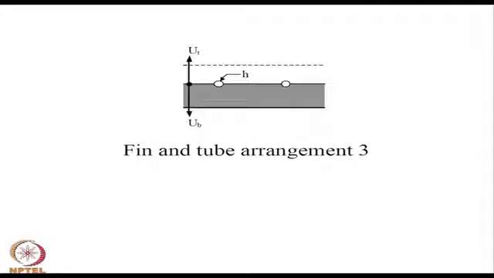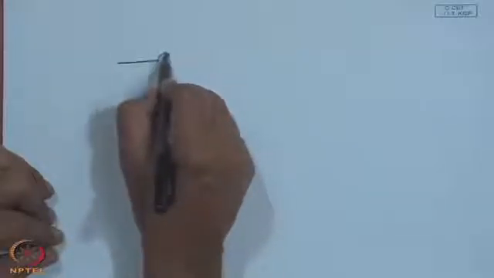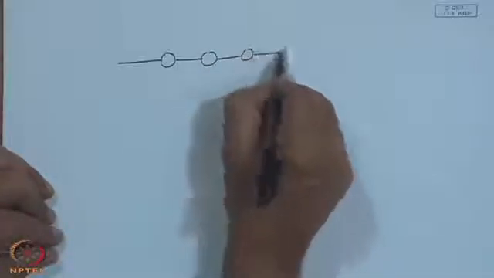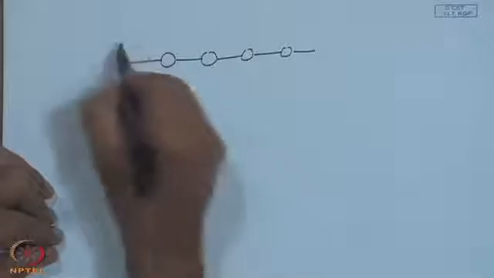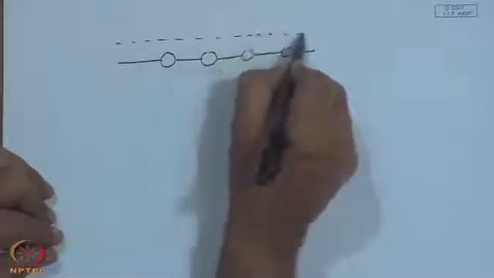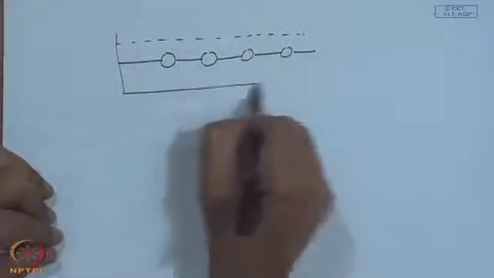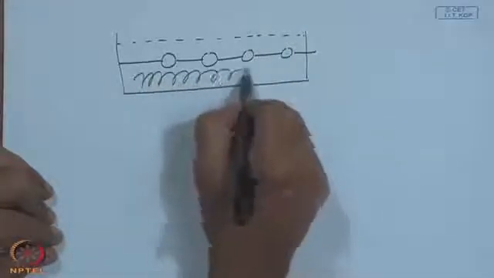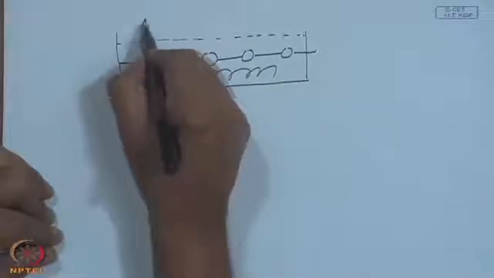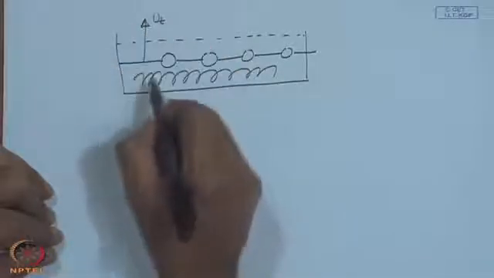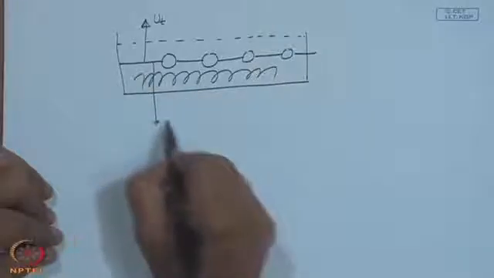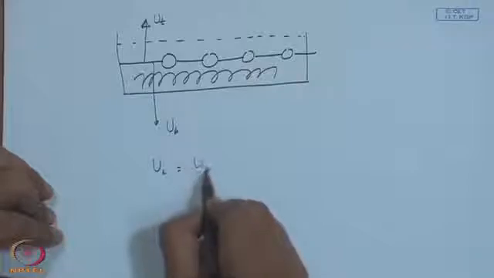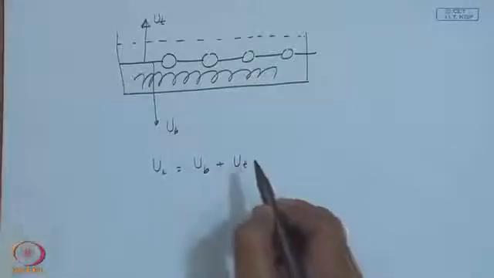This is the third arrangement, where you have a conventional fin attached to the tubes at the middle, and with one or two glass covers, again with the bottom insulation. You have an overall top loss coefficient of U t and a back loss coefficient of U b, and for this arrangement also U L is equal to U b plus U t.